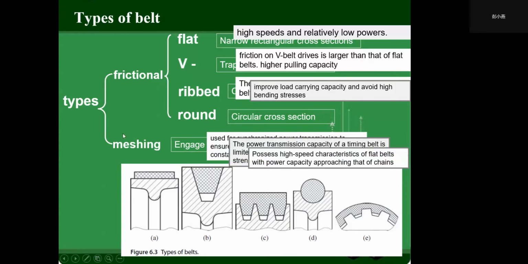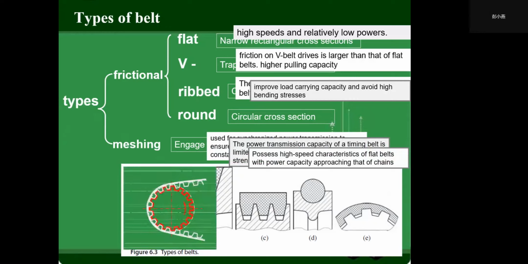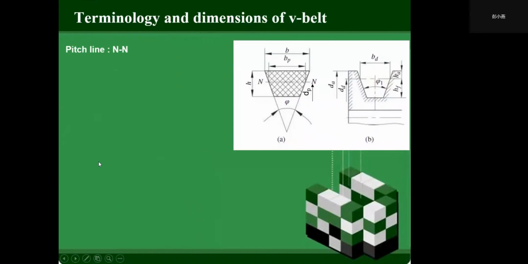And this is the types of belt. Among these belt types, V-belts have the widest industrial applications, and this figure shows typical cross sections of a V-belt and sheave groove.